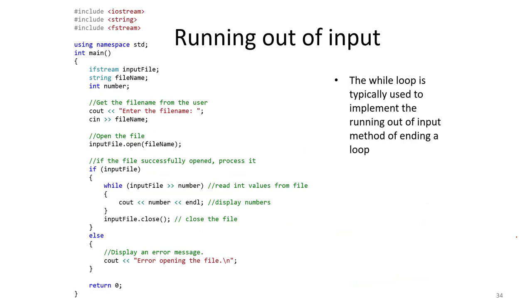And finally, our last approach for working with loops and controlling our loops is to use running out of input. So the while loop is typically used to detect when we have run out of input data from a file.